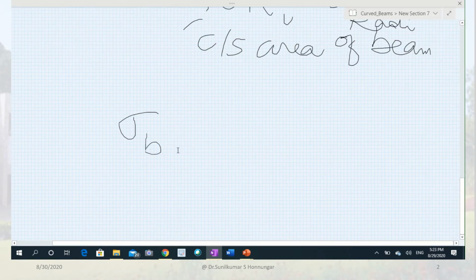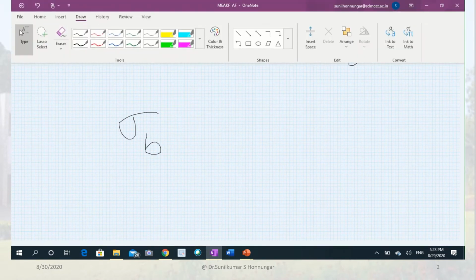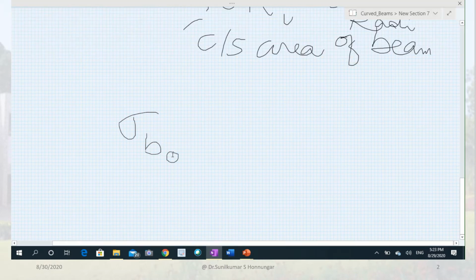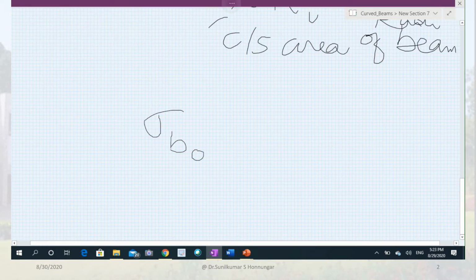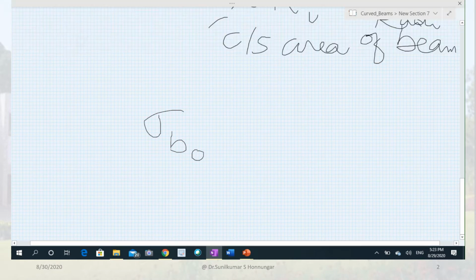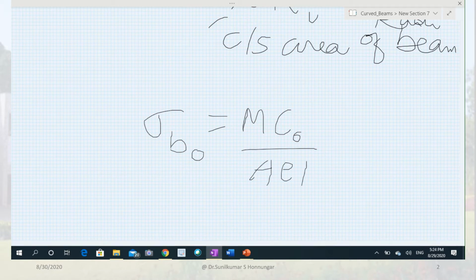O means outer fiber, b is bending, so sigma b is bending stress, equal to M Co divided by A e Ro. The equation number in the data book I will tell you later, so as of now you just understand.